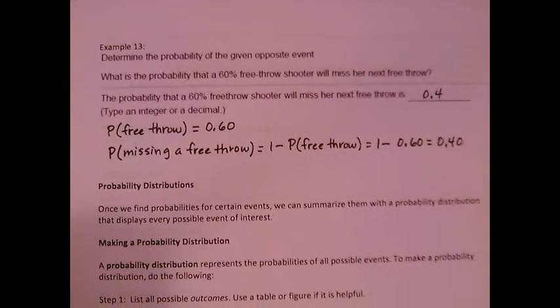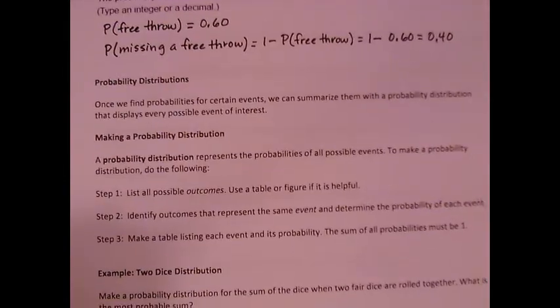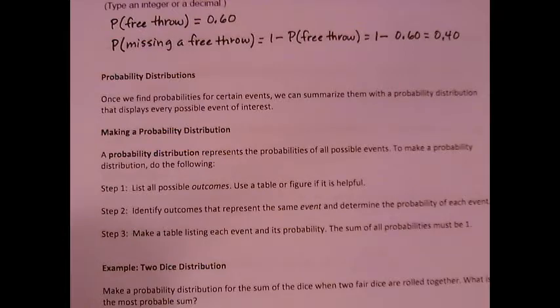All right, next we'll look at probability distributions. Once we find probabilities for certain events, we can summarize them with a probability distribution that displays every possible event of interest. Here's how we make a probability distribution. Well, let's define that first. A probability distribution represents the probabilities of all possible events.